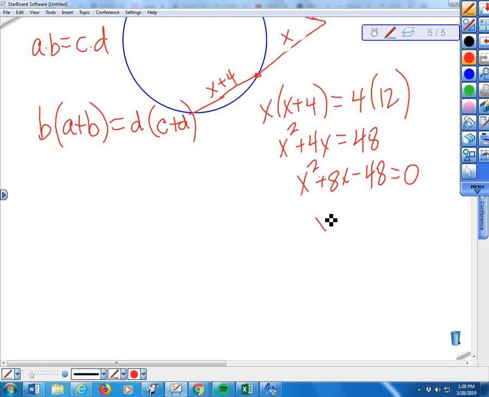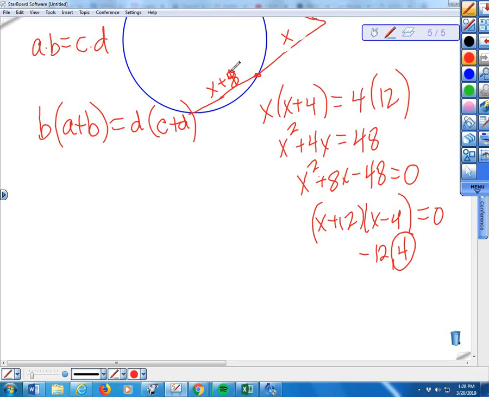Okay, so x plus 12, x minus 4, right? Set it equal to 0. So it's either negative 12 or positive 4. It would have to be positive 4 because I can't have a negative x. Does that make sense? Okay, I changed the number down here, so this should have been an 8.